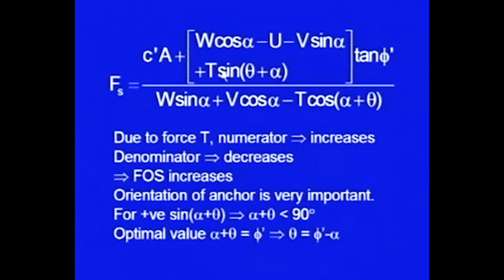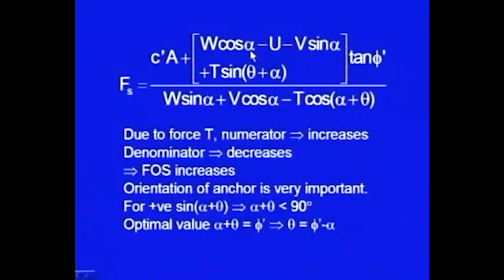So, the numerator in this expression is being increased. At the same time, if you look at the denominator, there is negative quantity. So, denominator is being decreased. You are adding something in the numerator and you are subtracting something from the denominator. So, denominator reduces, numerator increases.